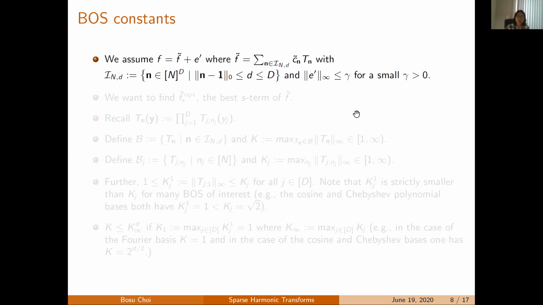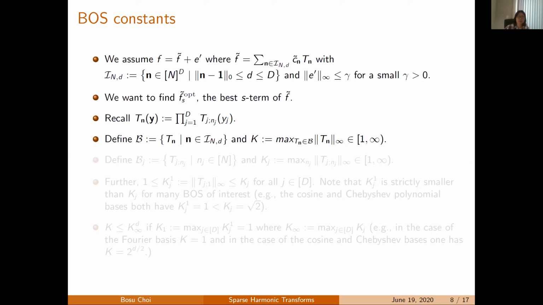And we are looking for the best s-term approximation of this f tilde. And remember, this product basis Tn is a D-fold product of one-dimensional orthonormal polynomials. Then if we define B as a collection of product bases whose index vector belongs to I and d, then we can define the bounded orthonormal constant K as the maximum of the infinity norm of Tn.